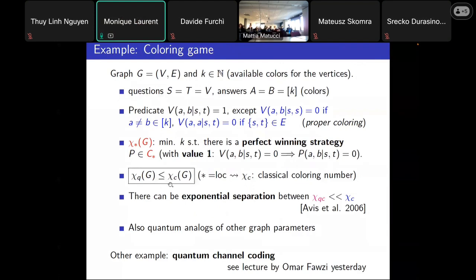You would have a variable x_{i,k} which is equal to 1 if vertex i gets color k, say. So you get such a linear programming problem with variables x which are 0-1 valued, depending on whether the vertex has a given color or not. And the classical coloring number would be the smallest k for which this LP has a 0-1 solution.